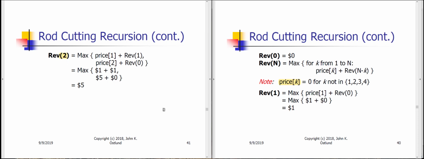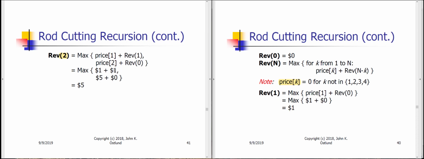Now what's the maximum possible value that we can get? Well, again, we're looping, this time k going from 1 to 2. One possibility is that we will make our first cut after 1 foot. So we will be able to get $1 for the 1 foot piece. And we'll have to figure out what the maximum revenue that we can get is from the remaining 1 foot. Actually, we figured that out over here. So if we figure that out again, we'll still get $1.